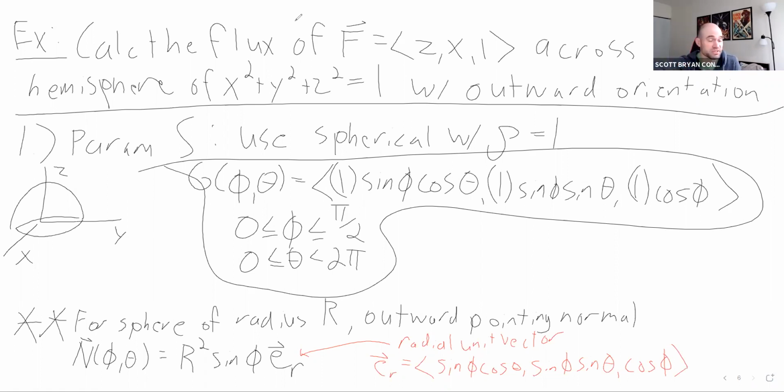So if we look at our parameterization here, we have exactly that here. And if we had the sphere of radius r, we would be multiplying each component by r. So basically all we're doing is getting rid of the radius here. We're dividing by the radius. Our radius happens to be 1, so we get exactly the same thing as we got in the parameterization.